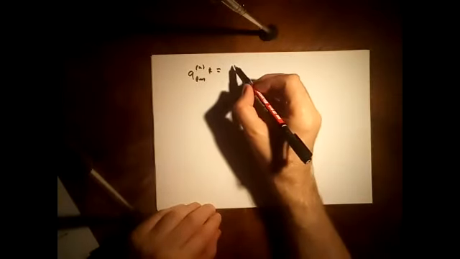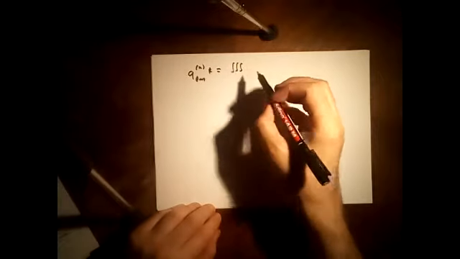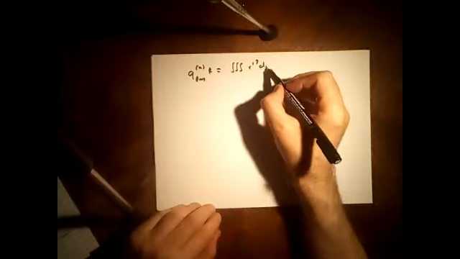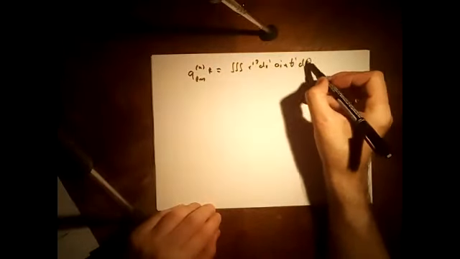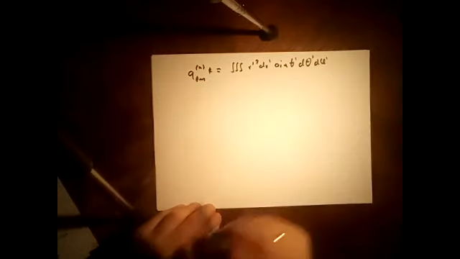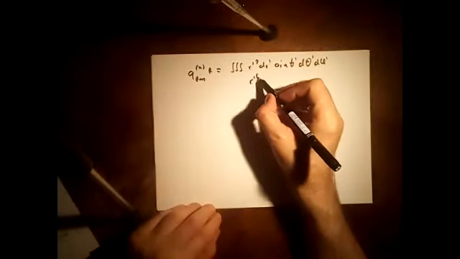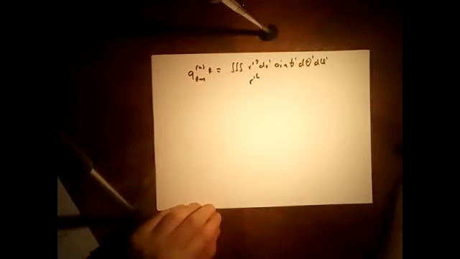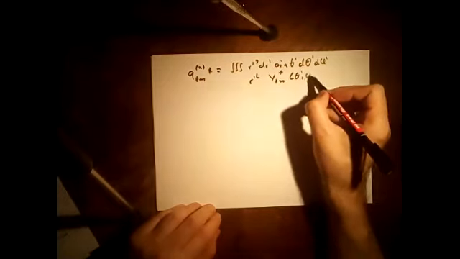So I'm going to have a triple integral, r prime squared dr prime sine theta prime d theta prime d phi prime. What else do I have? I am going to have an r prime to the l, and Y_lm star of theta prime, phi prime.